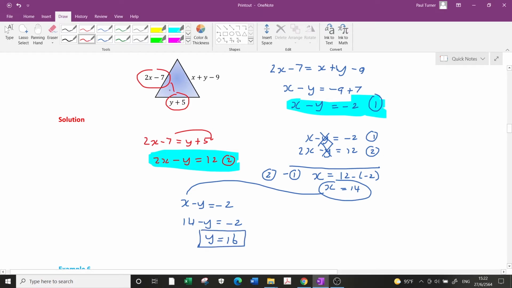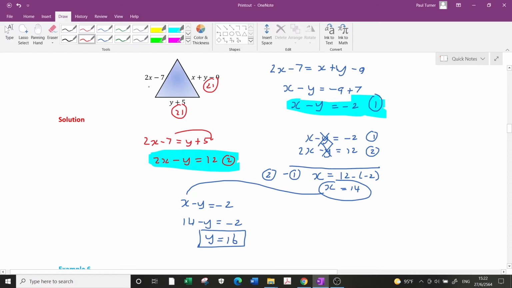Okay, so you could go back and then calculate the length of each side, and you should get the same number, shouldn't you? So we're going to get 16 plus 5, 21. 16 plus 14 is 30, minus 9 is 21.